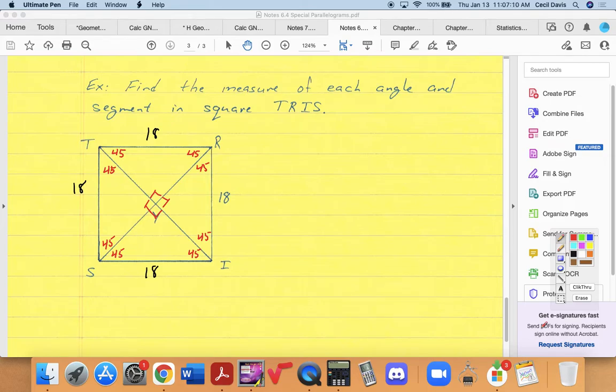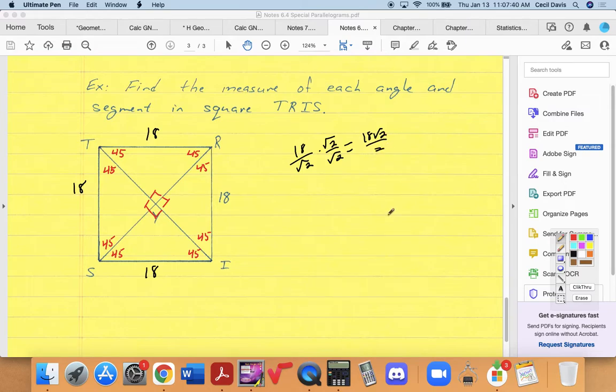Knowing that then, how can I find these little pieces of diagonal? Yes? Divide 18 by the square root of 2. Yeah. We divide 18 by the square root of 2. Have you guys gotten to the place where you don't write times square root of 2 over the square root of 2 and just go straight to the answer on this? No. Well, let's look at what happens and let's see if we can get you to the place that you do.